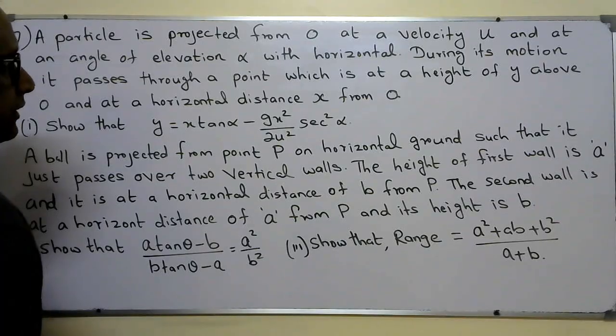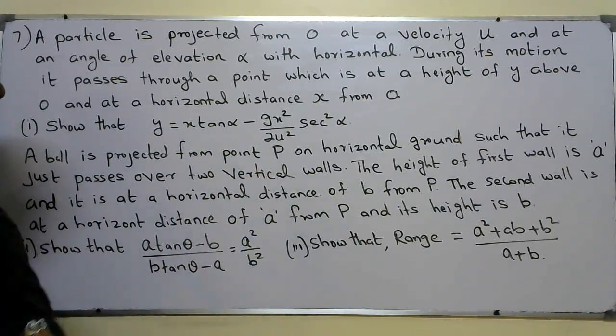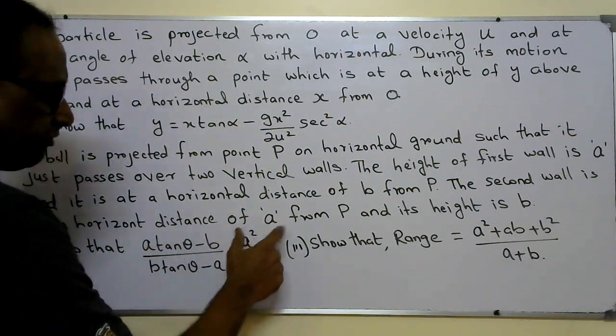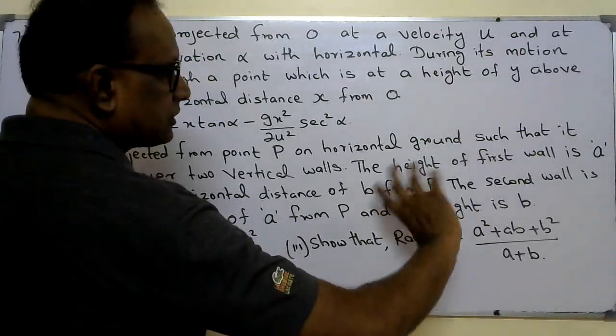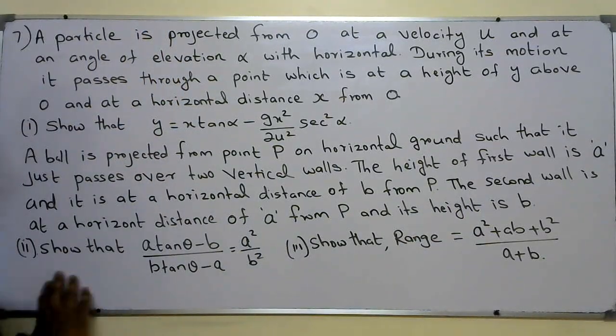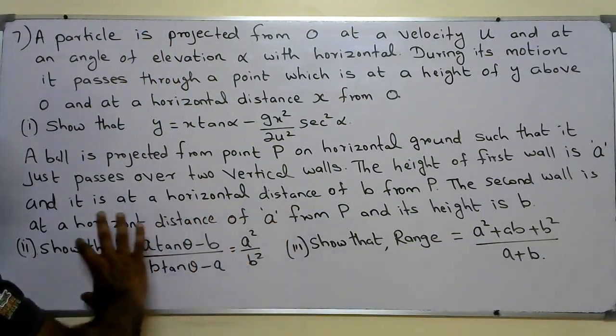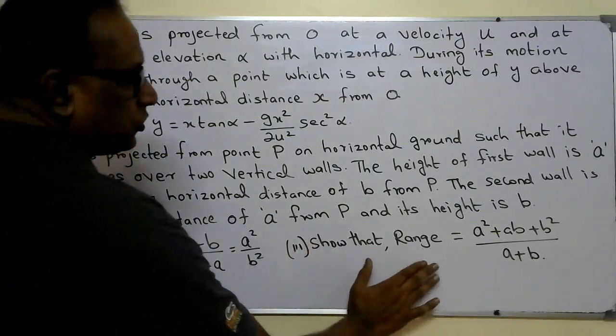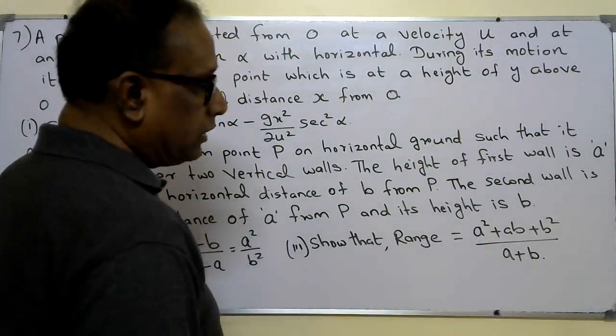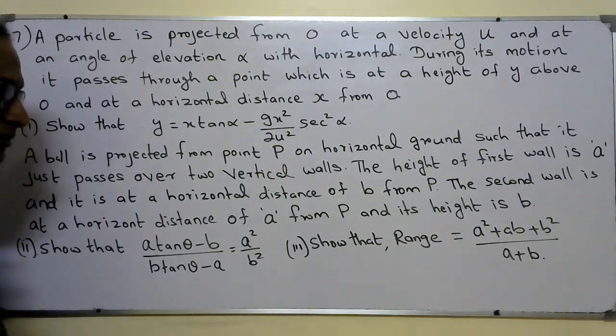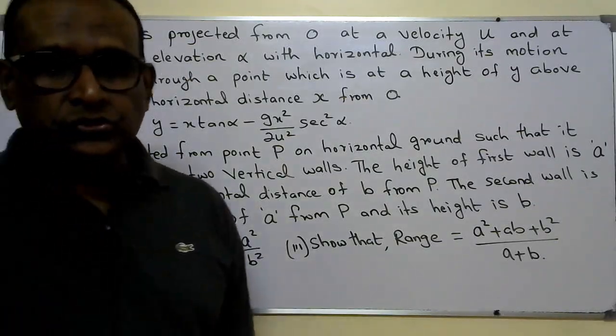The second wall is at a horizontal distance of A from P and its height is B. So it's like that. Show that, this expression we had to show. Then we had to show the range of the ball is this much. Okay, right. So these are things we had to show.